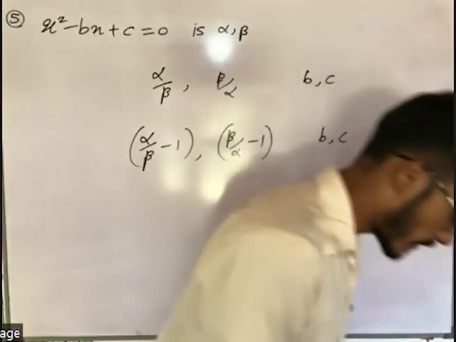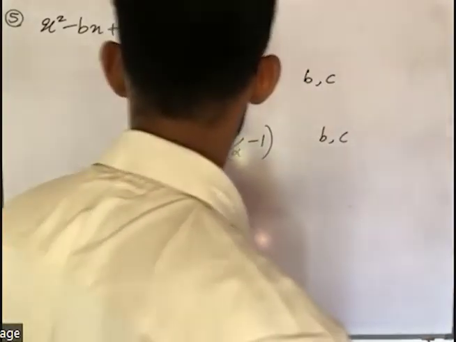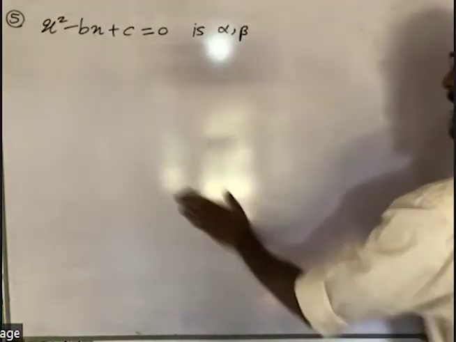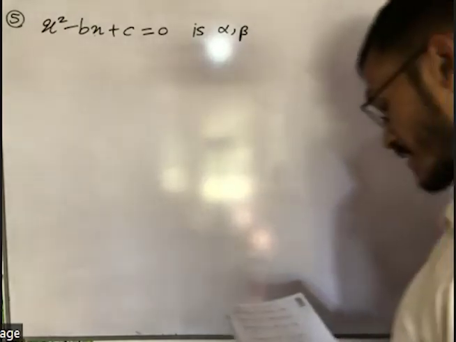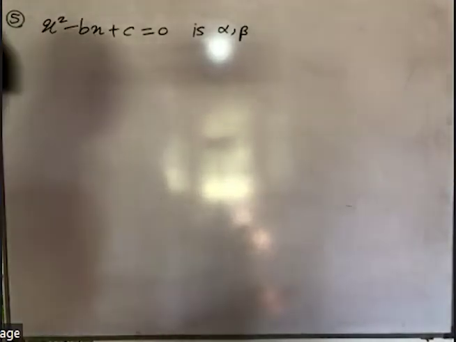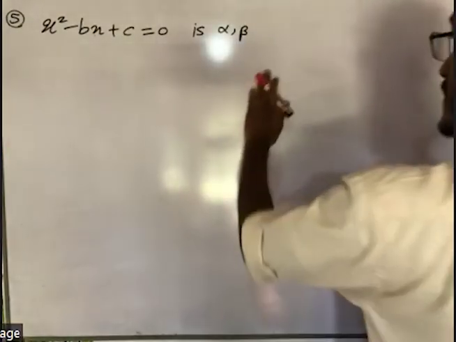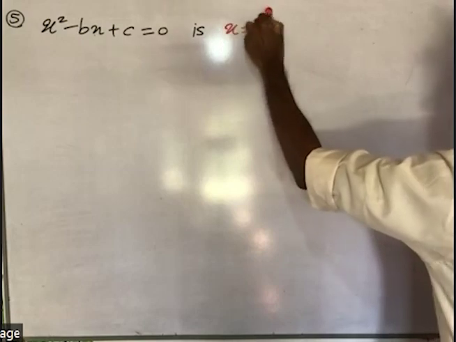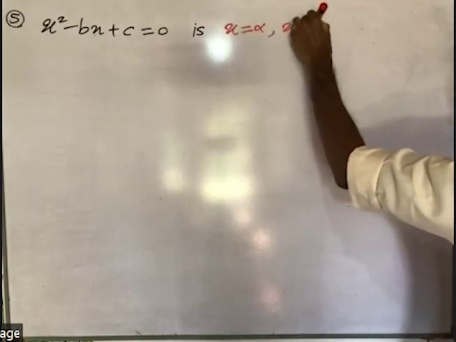Okay, now let's do this. Let's complete this question. This question says x square minus bx plus c equal to 0, roots alpha comma beta. That means x equal to alpha, comma, x equal to beta.